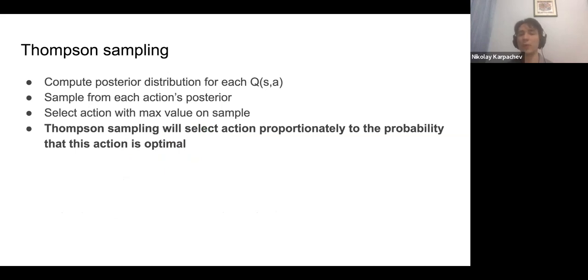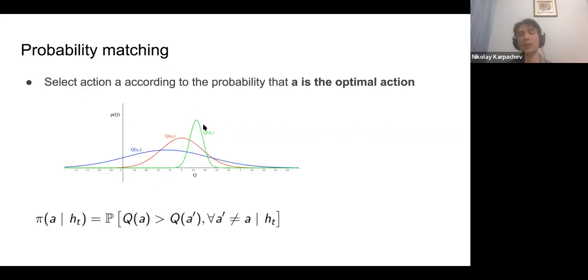So first of all, we compute the posterior distribution for each Q value for each action. Those are these distributions here: green distribution for action A3, red for action A2, and blue for action A1. Remember, those are the distributions for rewards for those actions.